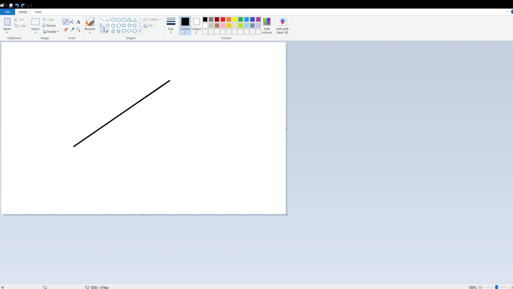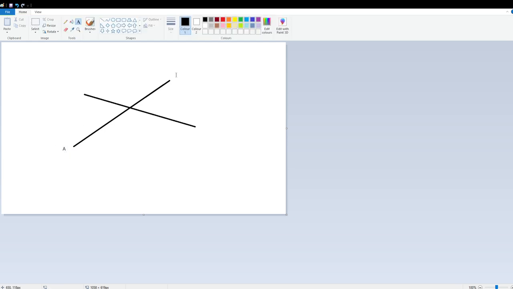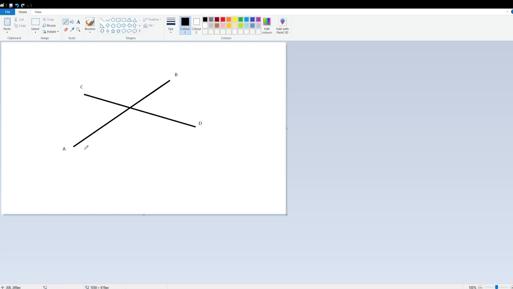Okay, and then if I put my line like this, then of course it will intersect because we saw hopefully that part as well. We said A, B, C, D. And I have a triangle ACD, which is clockwise.